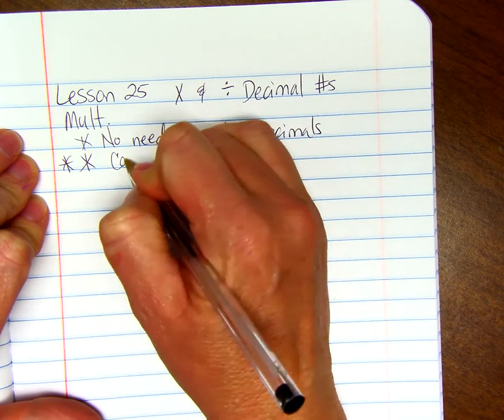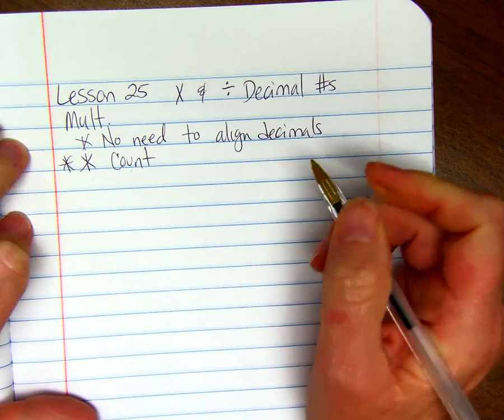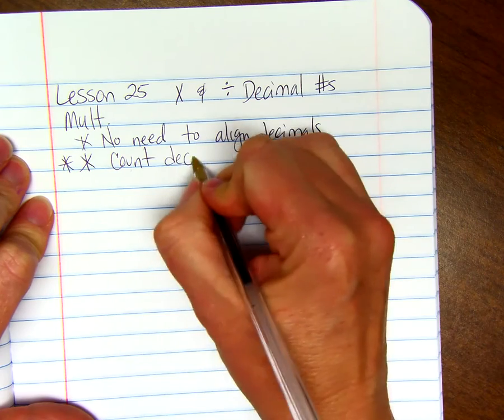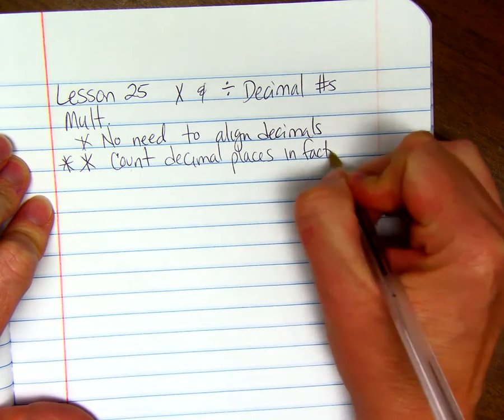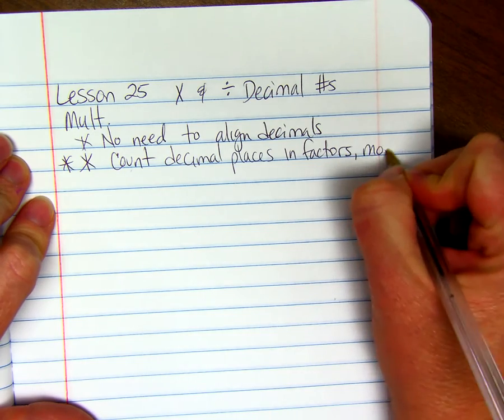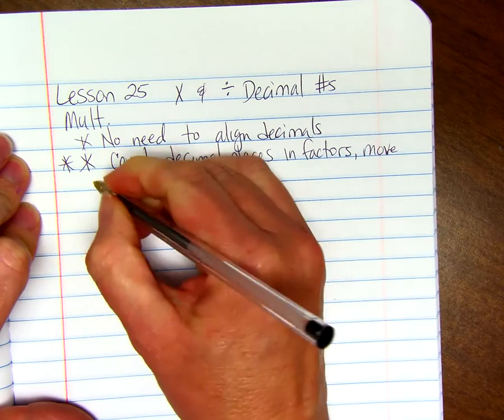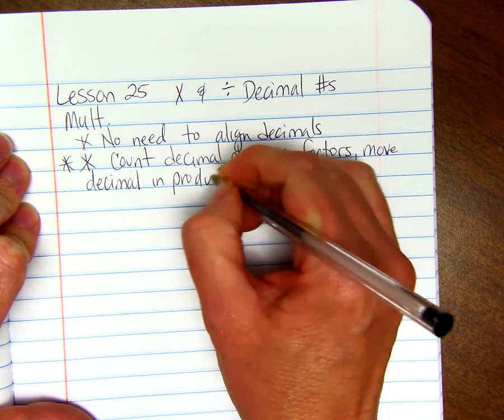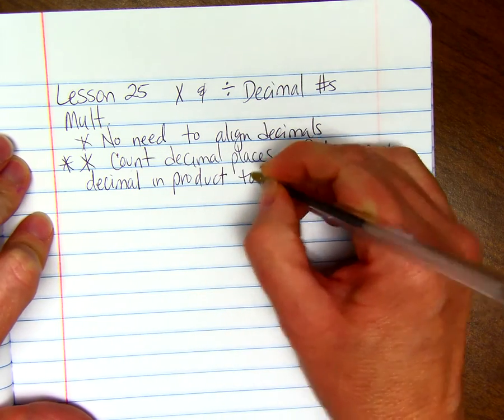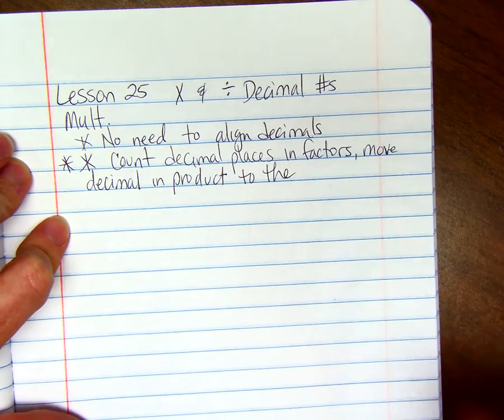We want to count the number of decimal places in the factors and then move the decimal in the product, so whatever your product is, to the left that many places.